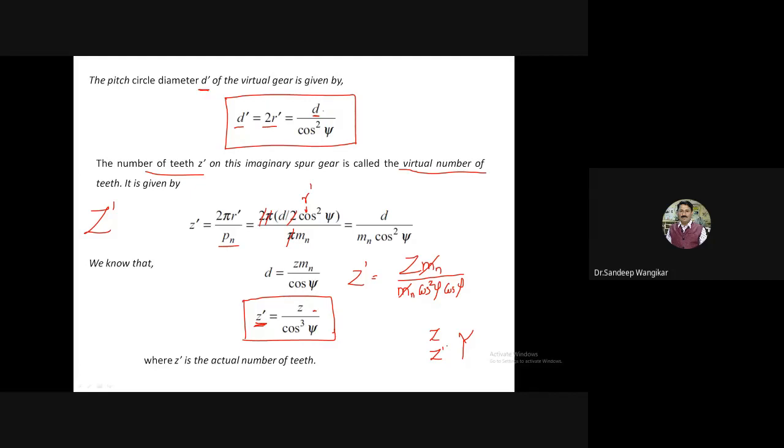So again, I will give you 1 minute. z is the actual number of teeth and z dash is the imaginary virtual number of teeth. So write down these formulas, d dash and z dash.